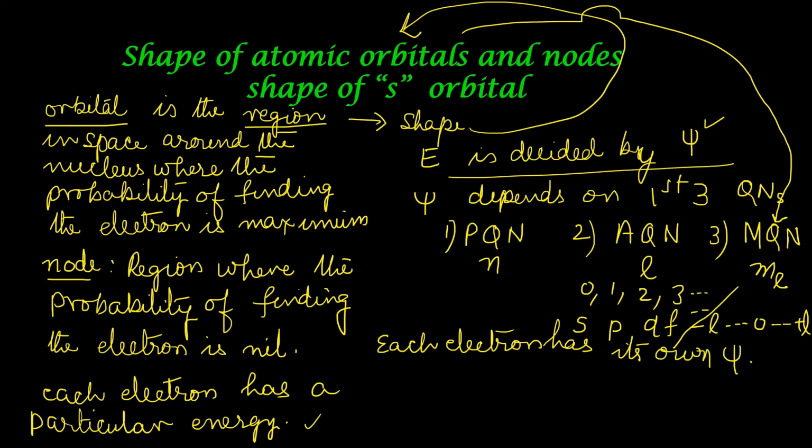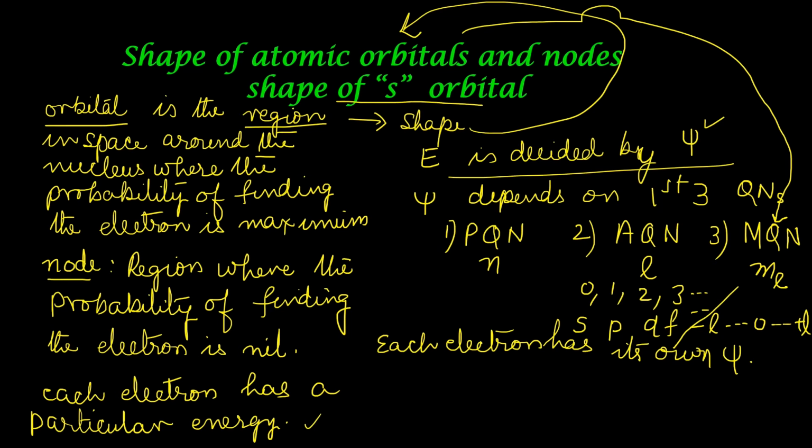In this video, we will be discussing the shape of s orbital, variation of wave function with reference to distance, and variation of probability density with change in distance. Every principal quantum number has s orbital. They are differentiated as 1s, 2s, 3s and so on.